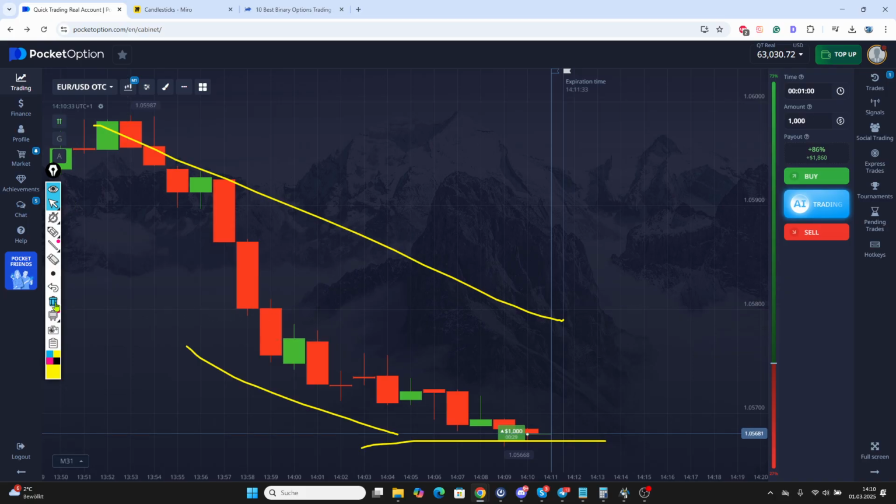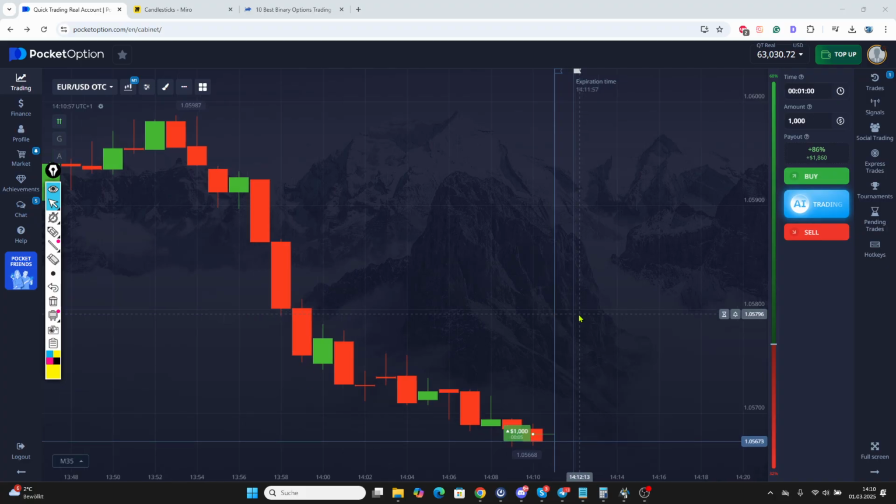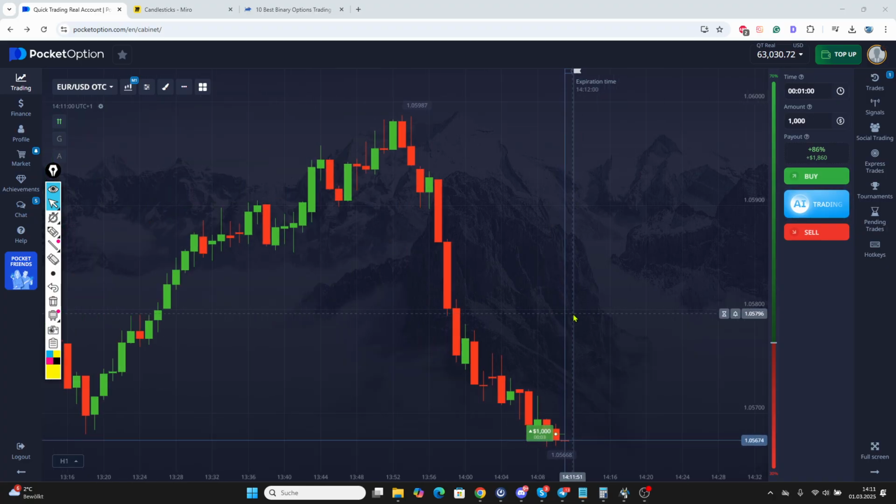So this one, come on, become green. Seven seconds left. Okay, looking like we lost this trade.